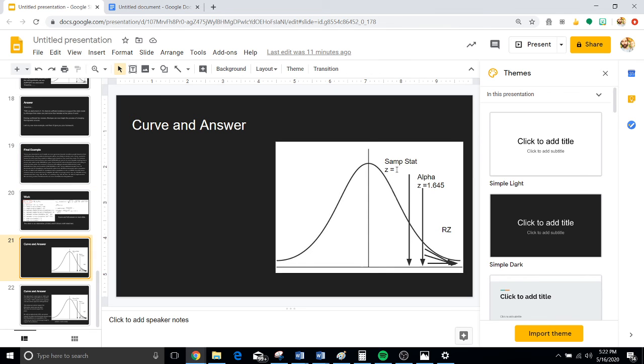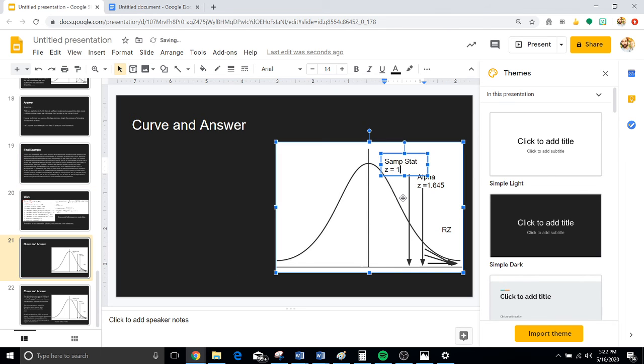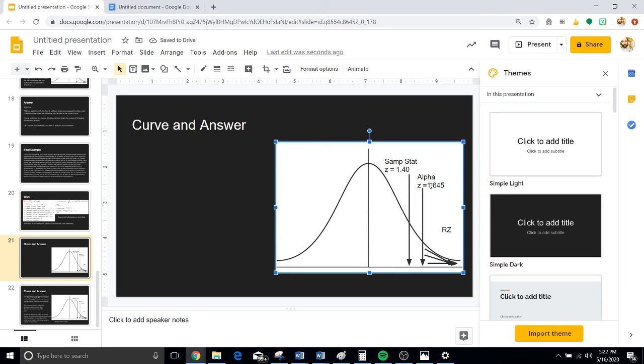All right, so our sample statistic we said was approximately 1.40. And as you know, 1.645 is our alpha level z-score. So our rejection zone is everything to the right of that point. Well, 1.40 is not as big as 1.645, so it's going to be more to the left, closer to our 0 number here. And 1.40 is not going to actually make it into the rejection zone.